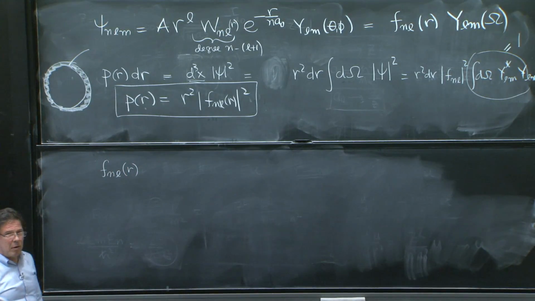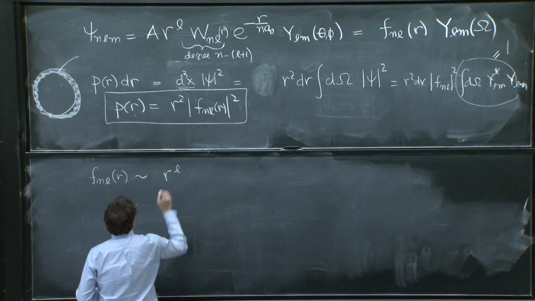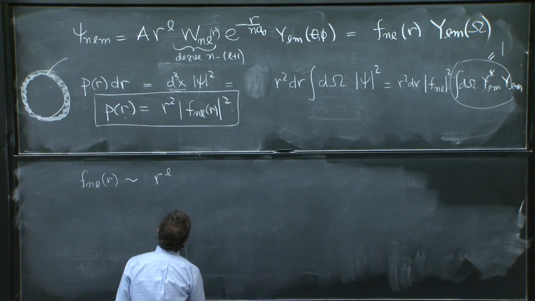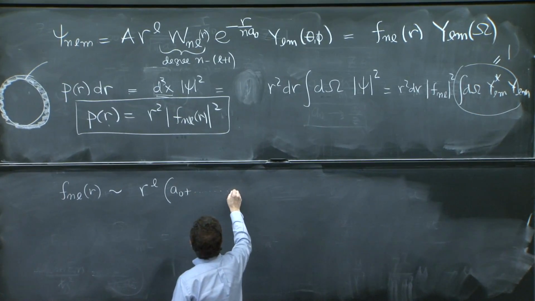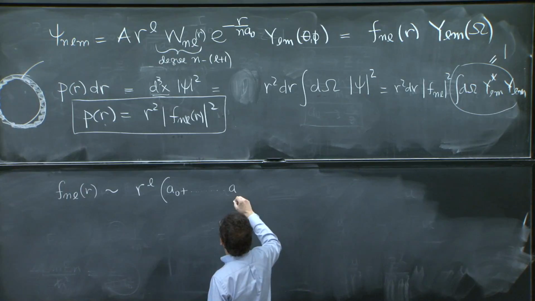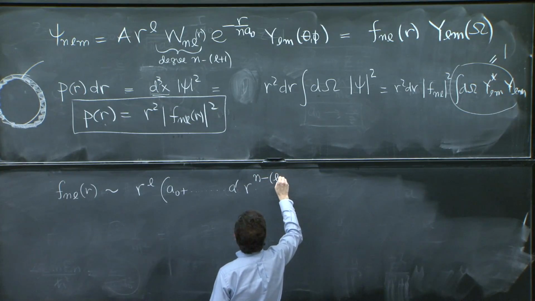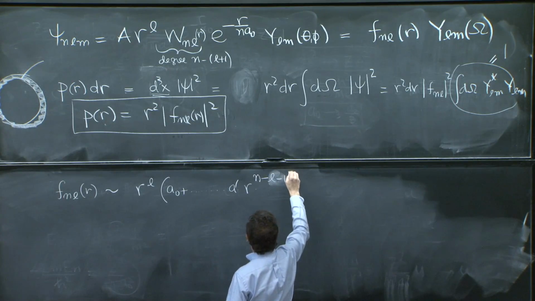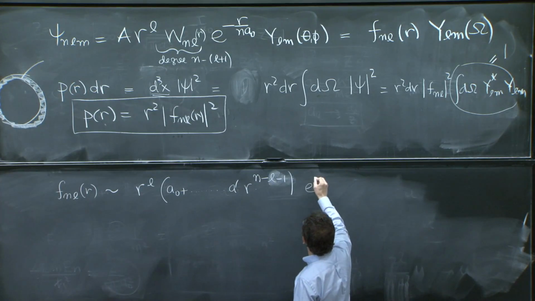From the top blackboard, that includes r to the L times that polynomial. And it's a polynomial of that degree, so it begins like a naught plus up to coefficient a prime r to the n minus L minus 1. And then I have the exponential.